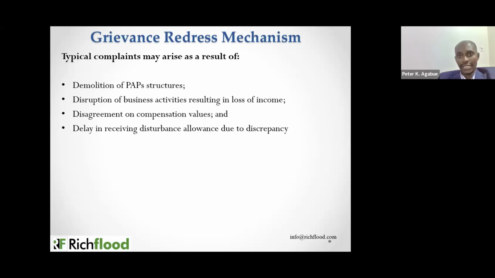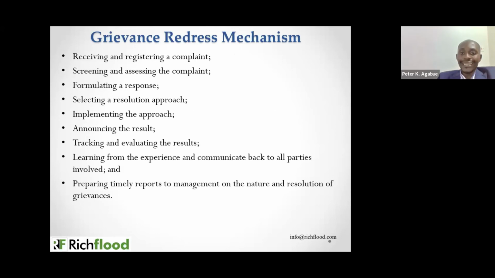Typical complaints may arise as a result of probably demolition of project affected persons' structures, or disruption of business activities resulting in the loss of income, disagreements on compensation values, and delay in receiving disturbance allowance due to discrepancies.